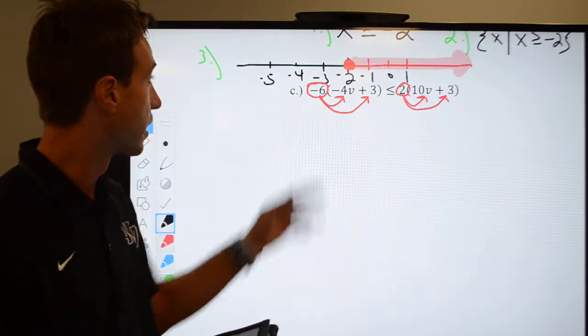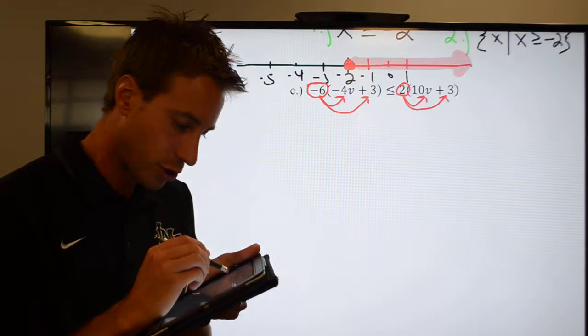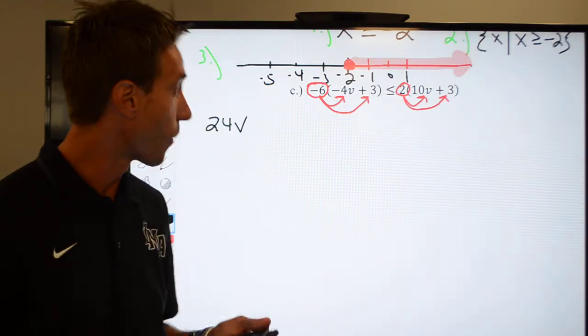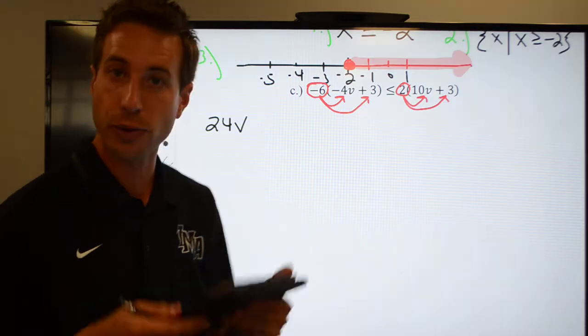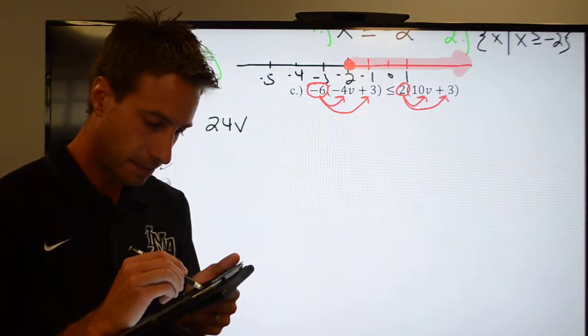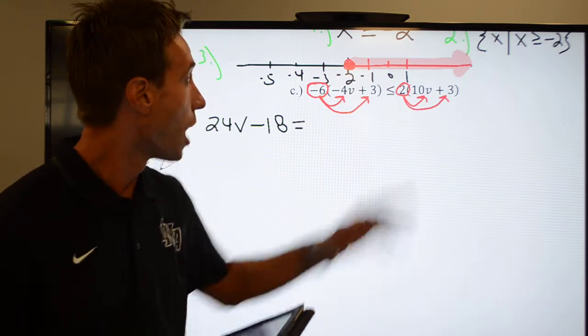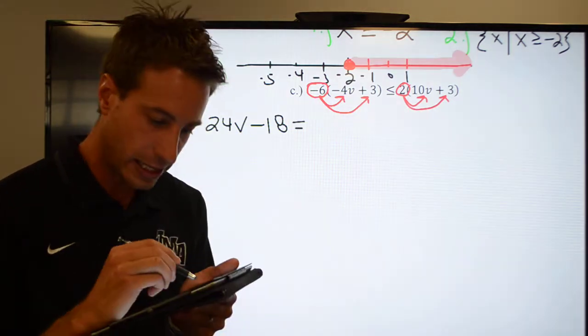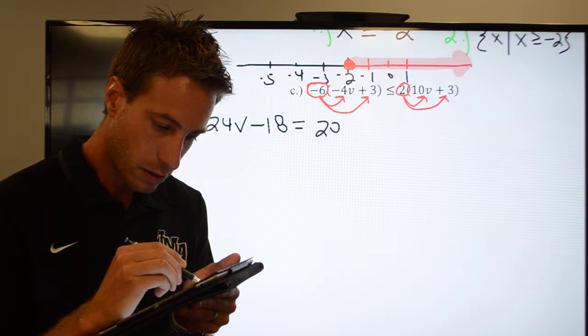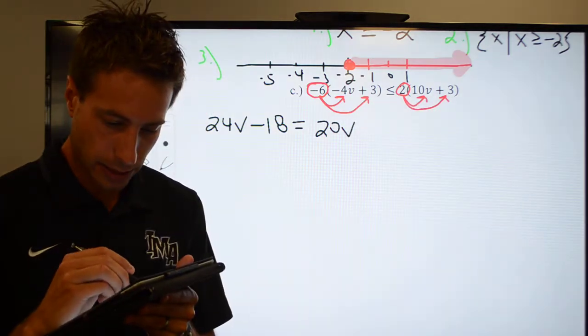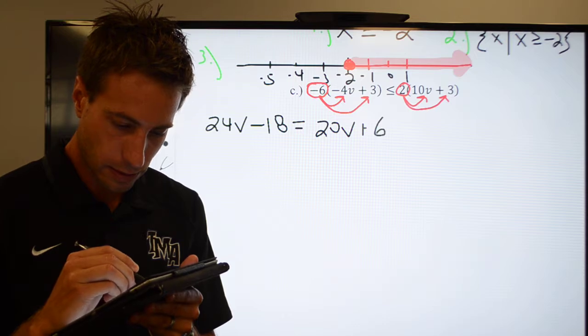Negative 6 times a negative 4 should be 24v. Negative 6 times a positive 3 is going to get me a negative 18. 2 times 10v should be 20v. And 2 times 3 should be 6 plus 6.